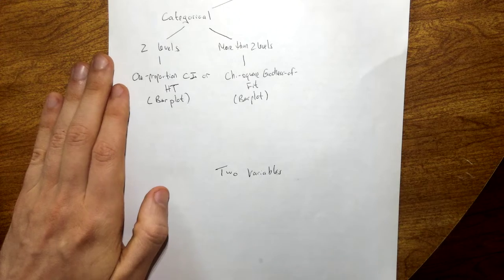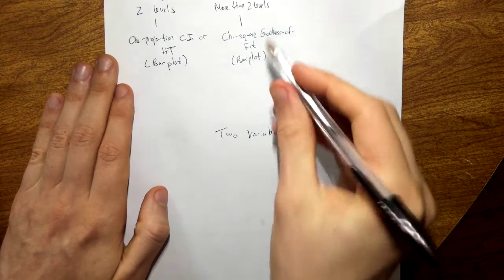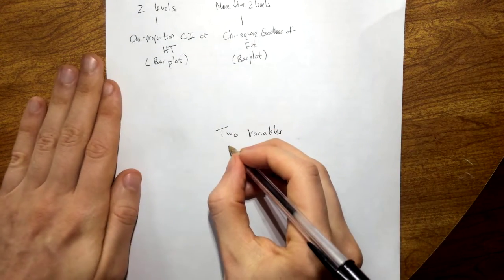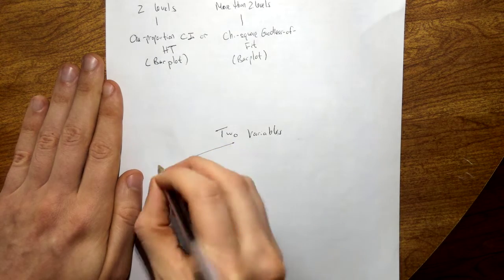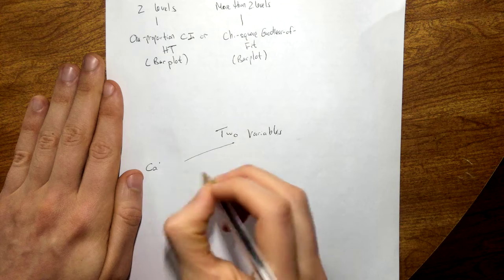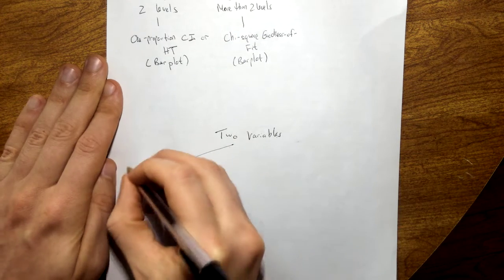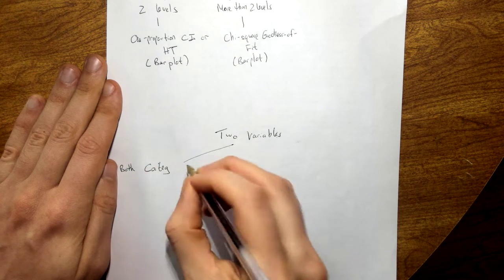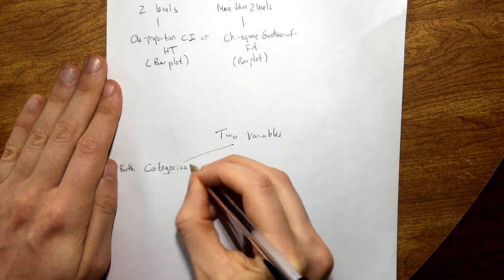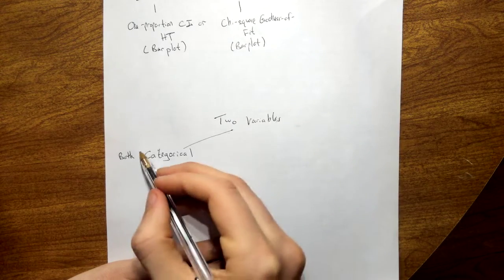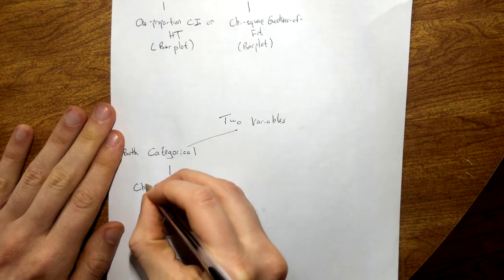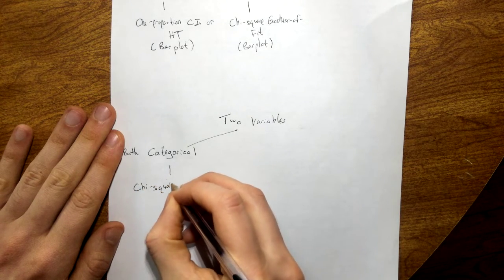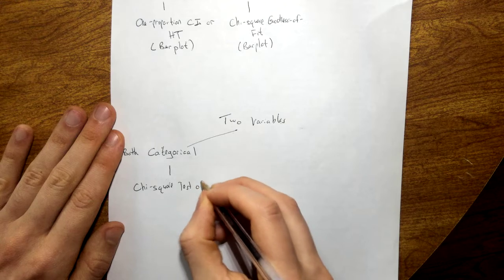Moving along chronologically, we stuck with categorical data, but the next test had two variables of interest, and we wanted to see if those variables were associated. If they're both categorical, that's when we did a chi-square test of association.